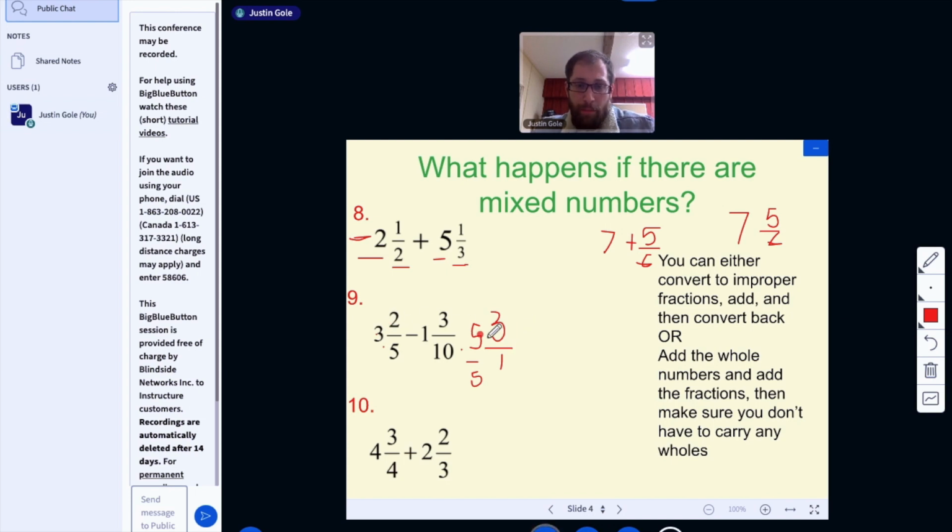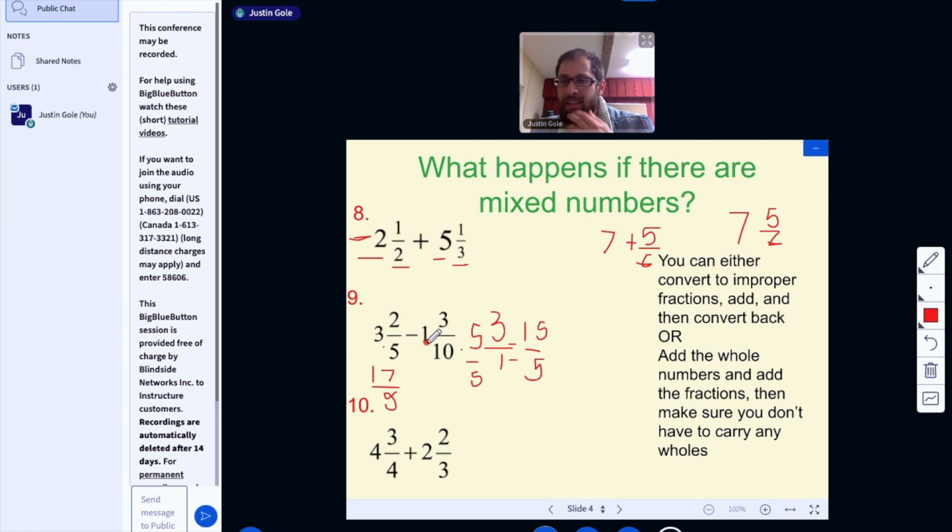So to make this an improper fraction, the 3 becomes 15 over 5. 3 over 1 becomes 15 over 5, which becomes 17 over 5, not equals. So 3, because 15 over 5 isn't equal 17 over 5. But we could rewrite this as 17 over 5.